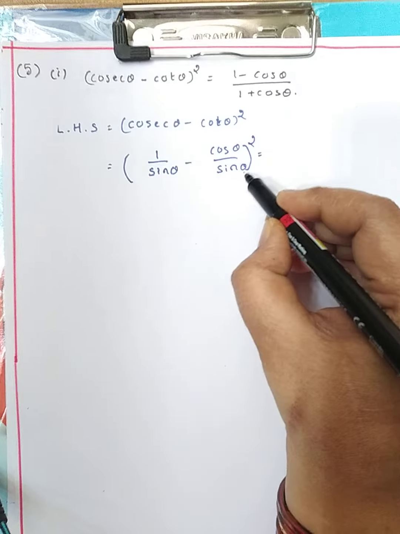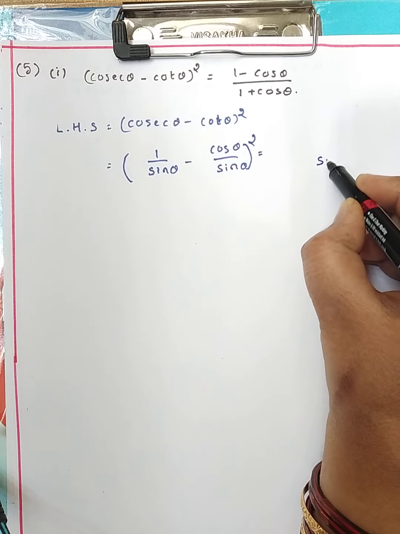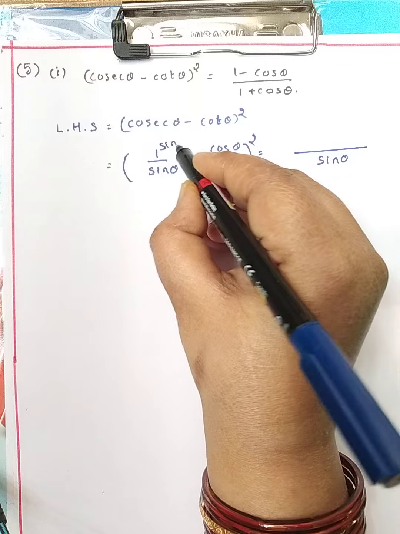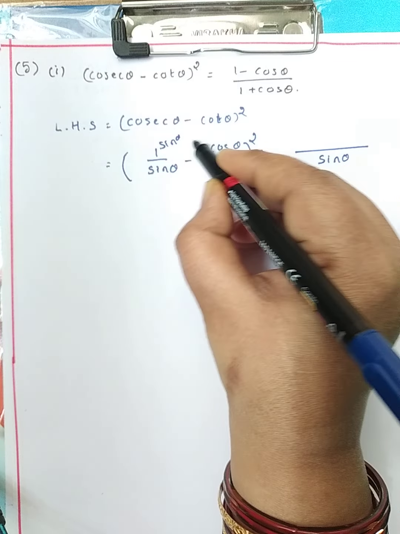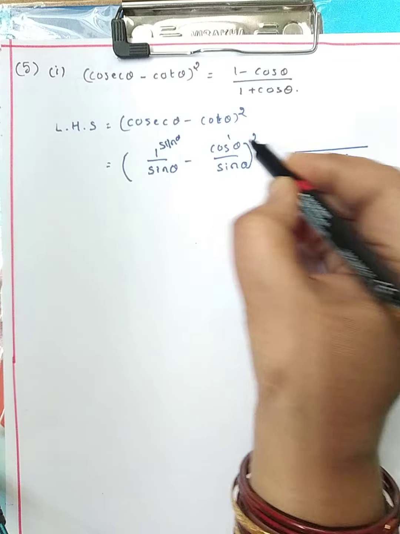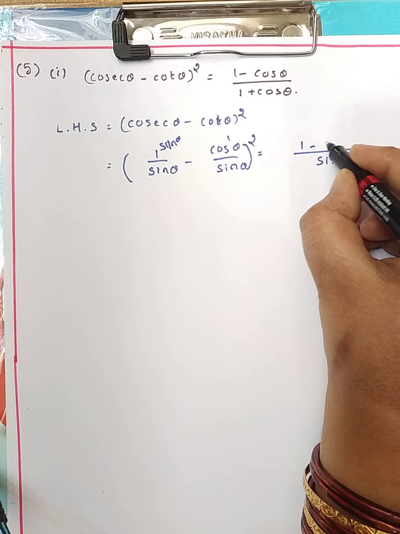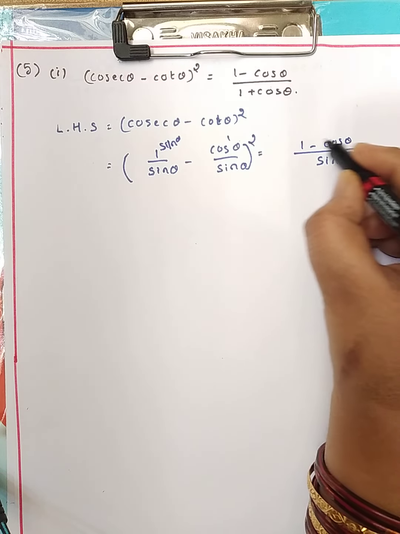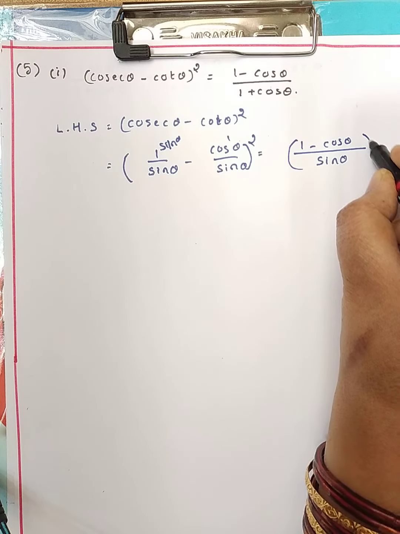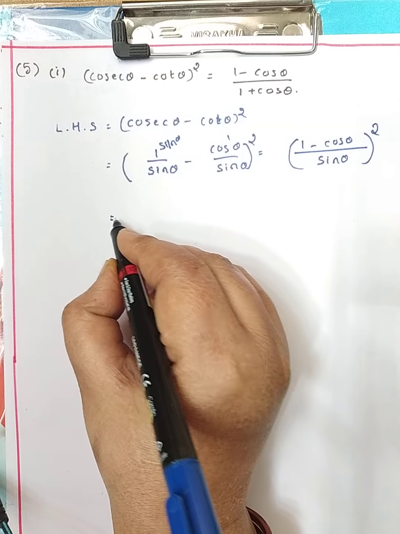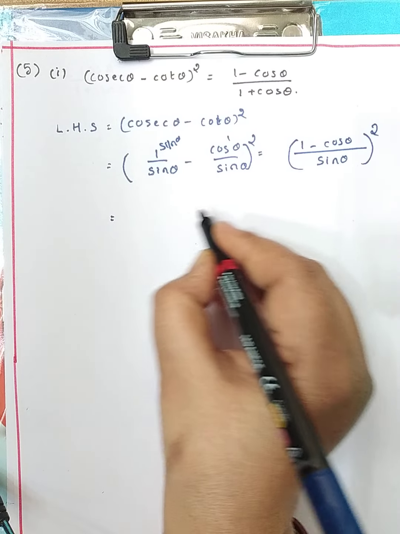Now take LCM. Sin theta is the denominator, and the numerator is 1 minus cos theta, whole square. So we will solve numerator and denominator separately.